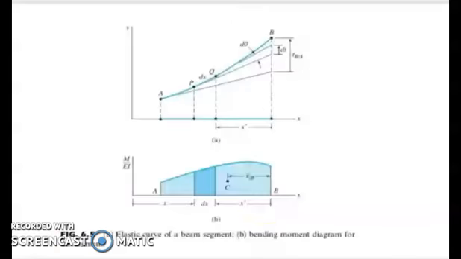This is the figure we are referring to, wherein we illustrate the tangential deviation of point B with respect to A, and we make use of the element PQ, with the tangential deviation of B with respect to A equal to the integral of dt from A to B. This is our elastic curve of a beam segment, with the bending moment diagram for the segment.